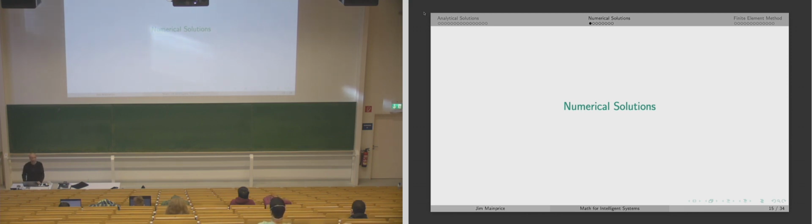But what we're going to talk about now is a general way to find solutions based on algorithmics, based on numerical solutions. So we are first going to briefly introduce numerical solutions to differential equations, meaning the Euler integration and things like that. Then we're going to talk about the finite element method in a brief way.